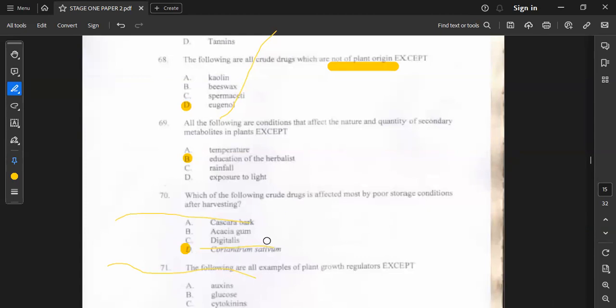Coriandrum sativum is just coriander. So if you leave this green coriander outside, they will spoil in the sense that the leaves will become yellow, and with time, they'll just spoil. So I feel it's mostly affected by poor storage conditions.